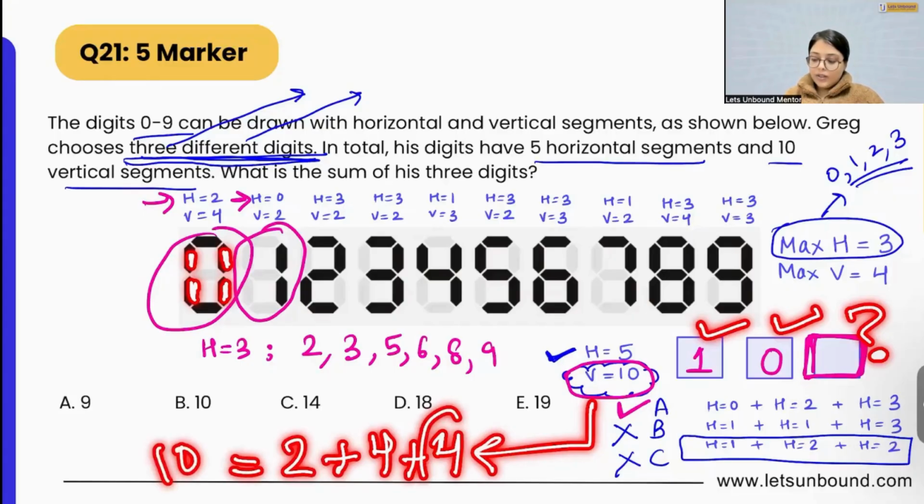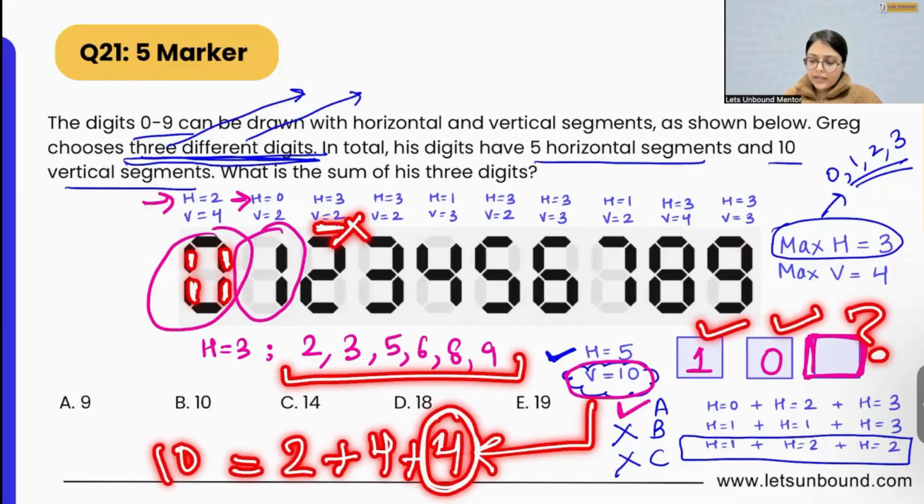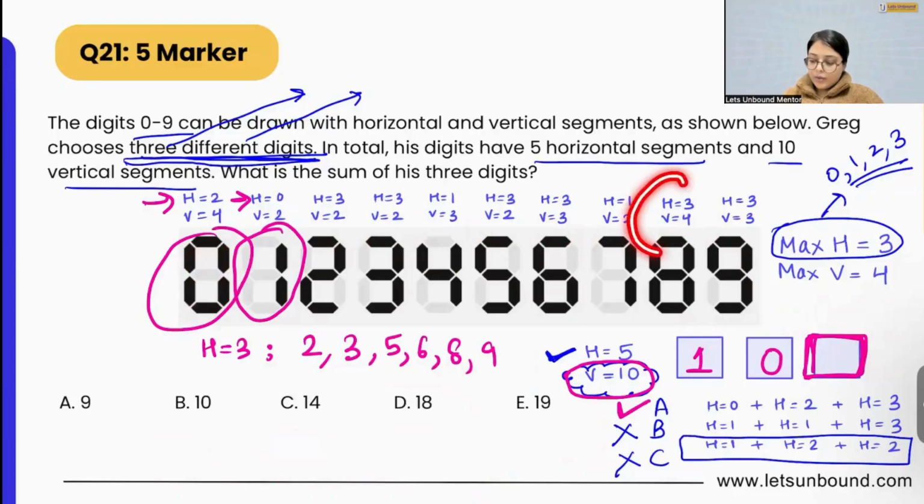Can you think of a digit out of these that has 4 vertical segments? Does 2 have 4 vertical segments? No. Does 3? No. Does 5? No. Does 6? No. Only 8 has 4 vertical segments, you can see here. So we will use digit 8, which fits well with our H3 and vertical segment 4.